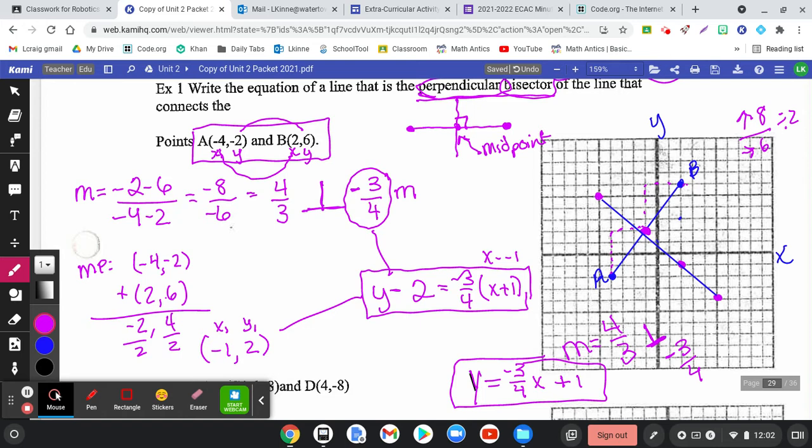All right, so if you wanted to, you'd first distribute. So you'd have y minus 2 equals -3/4 times x, -3/4 times, oh, hold on. Oh, I'm using the wrong point here. Scratch that. I'll show you that one in the next.